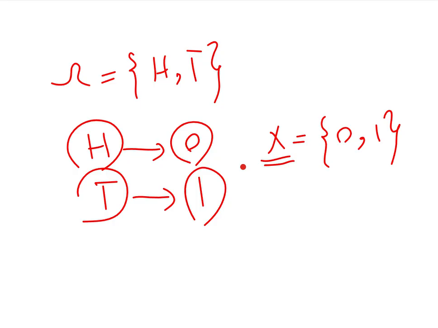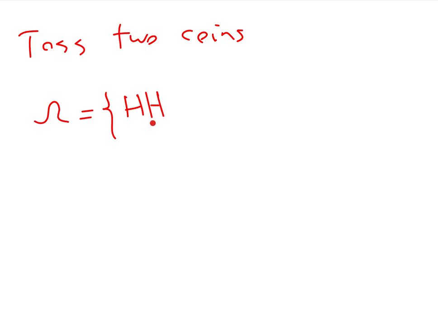Another example, suppose that we toss 2 coins. When we toss 2 coins, our sample space is like this. Head, head. It means that the first coin is head and the second coin is head too.